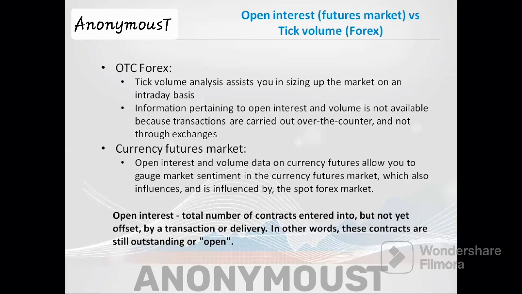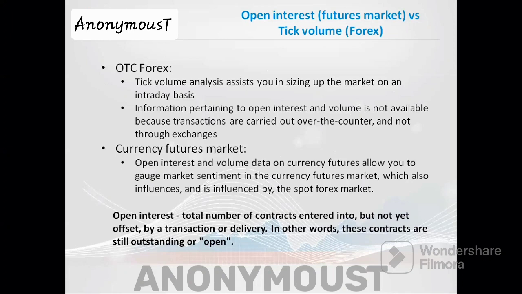What is open interest now? I have been talking about open interest for the past 1 or 2 minutes. Open interest is the total number of contracts entered into but not yet offset by a transaction or a delivery. In other words, these contracts are still outstanding or open.